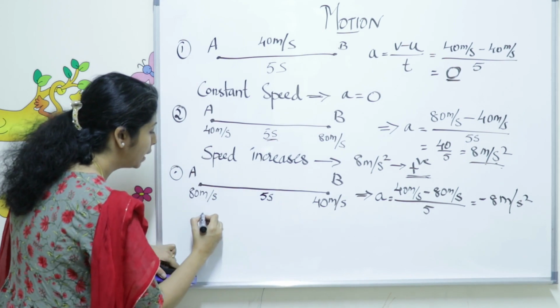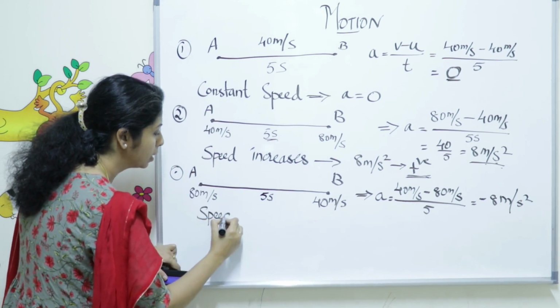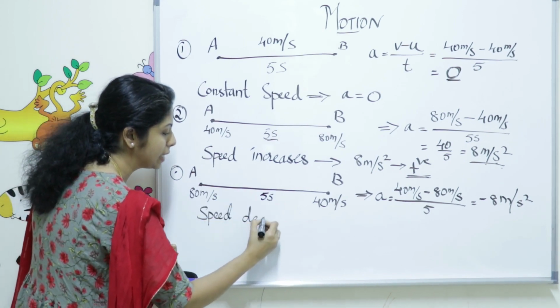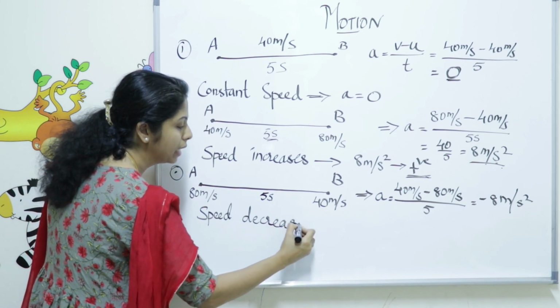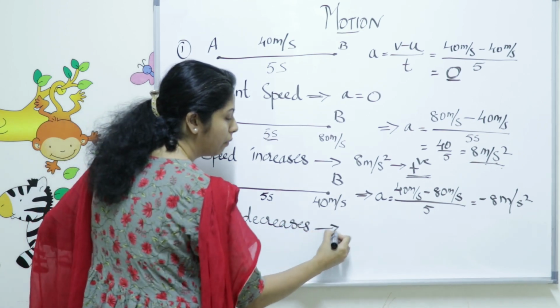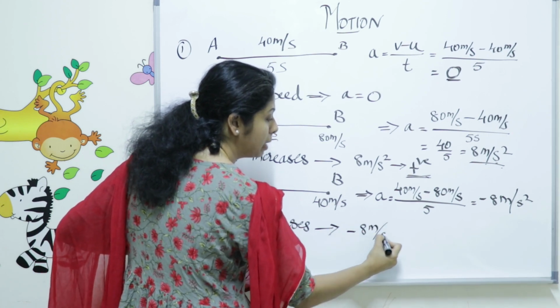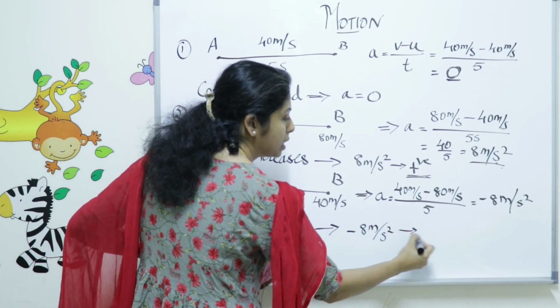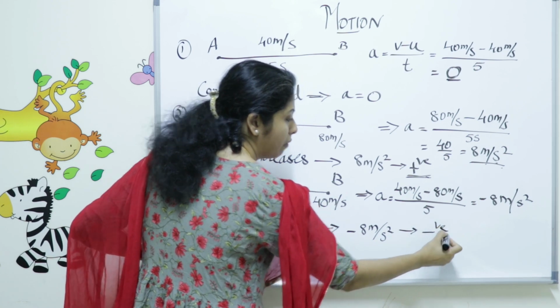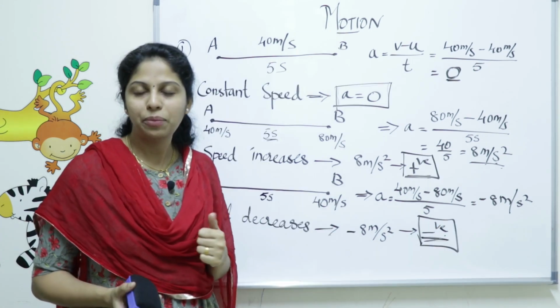So, when the speed decreases, the value we got is minus 8 meter per second square, which is a negative value. From this, what can we understand?